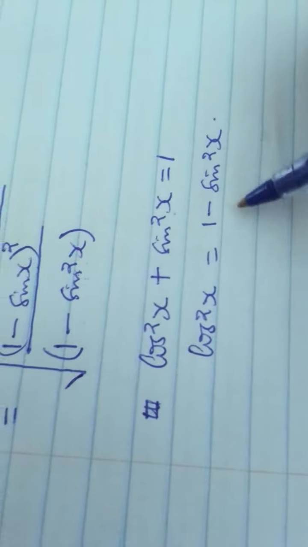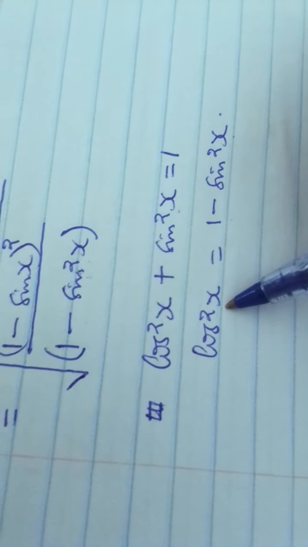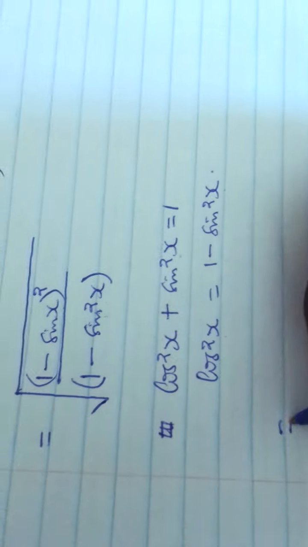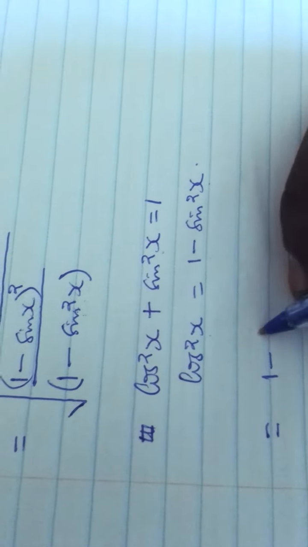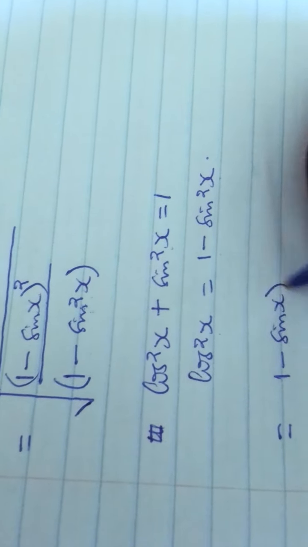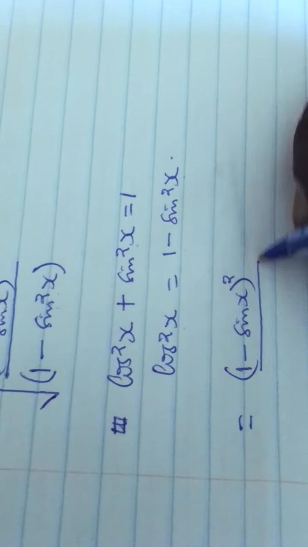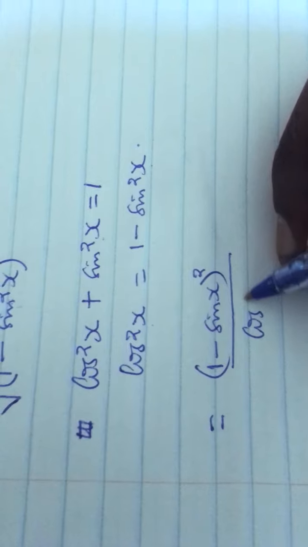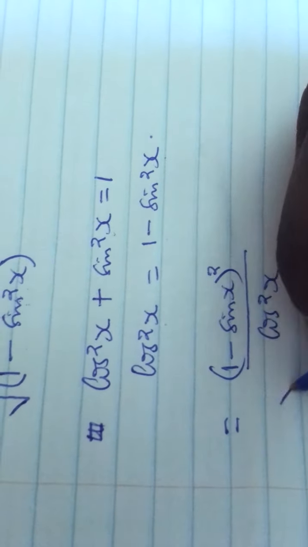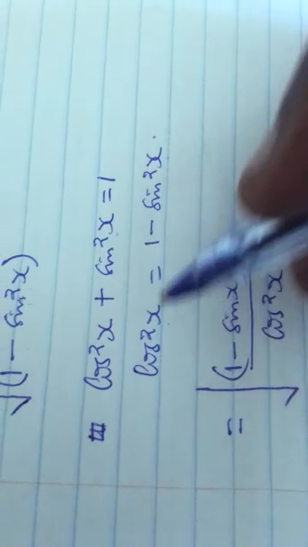So where there is 1 minus sine squared x, we are going to put cos squared x. So it will be 1 minus sine x but squared all over, now here we are putting cos squared of x under the square root.